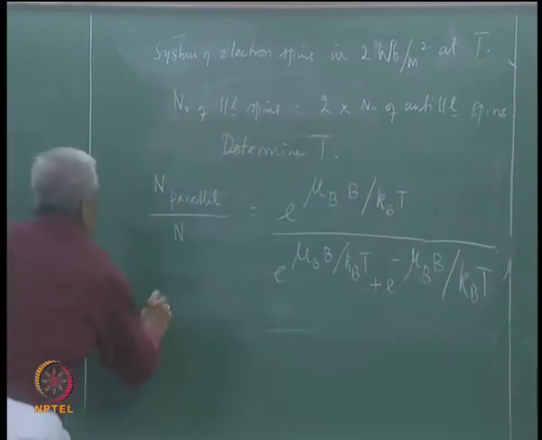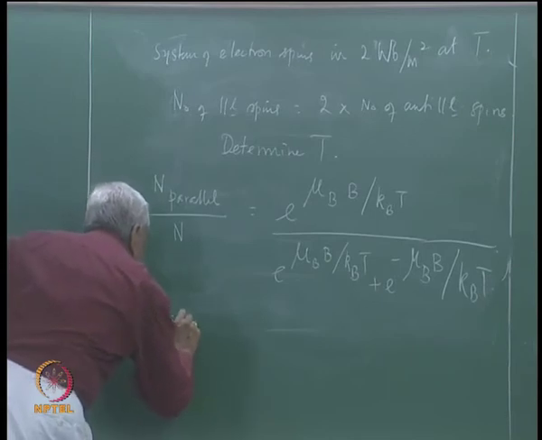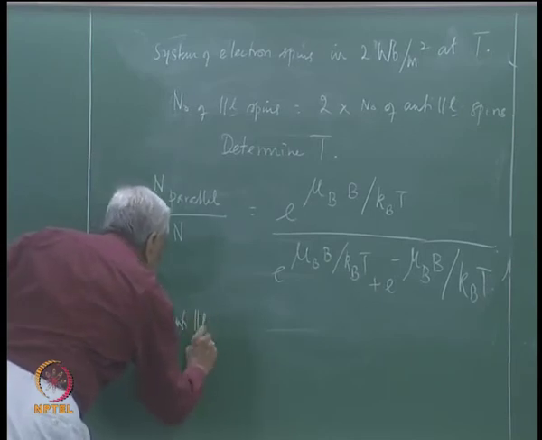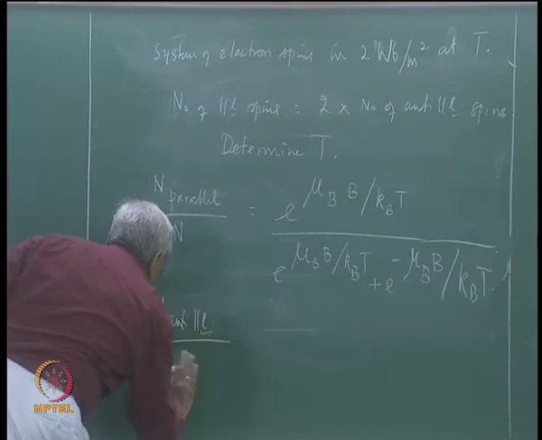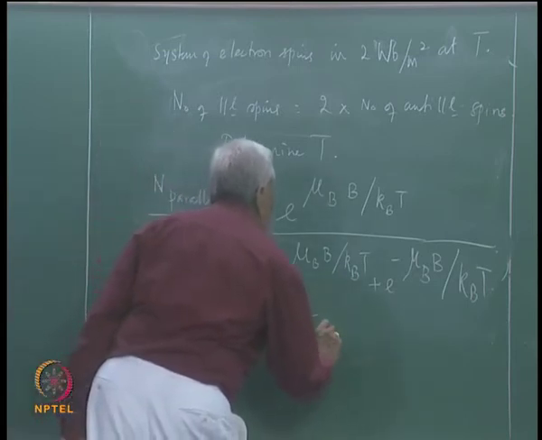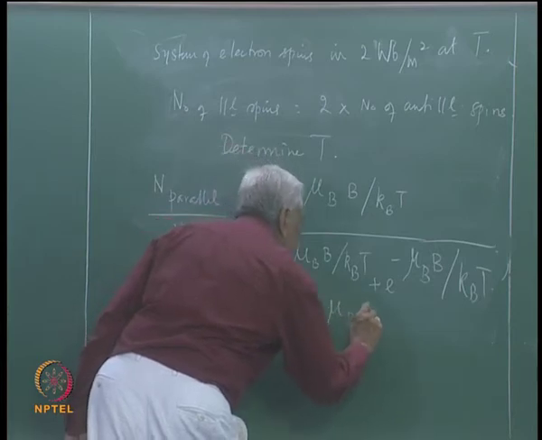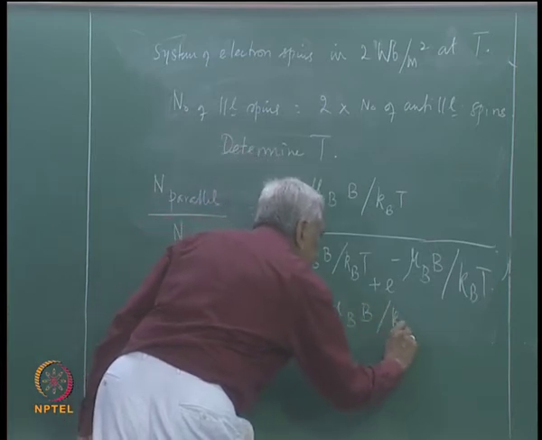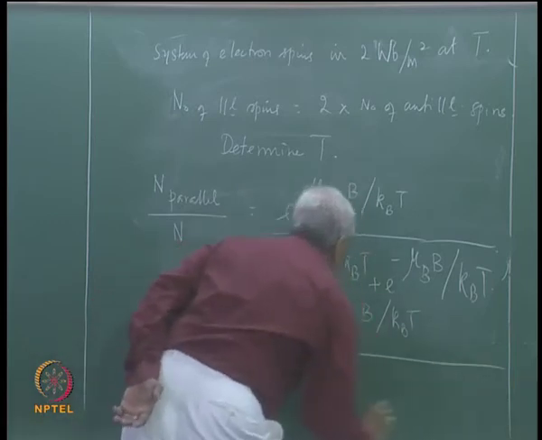In the same way, the number of anti-parallel spins, the ratio with respect to the total number is just given by exponential minus mu B B by kT.